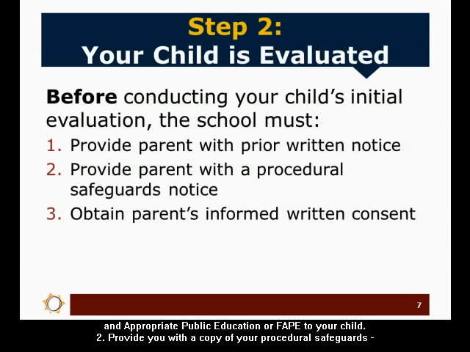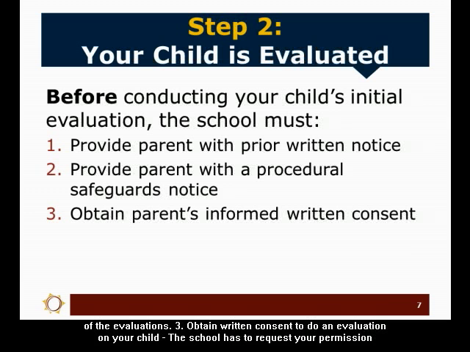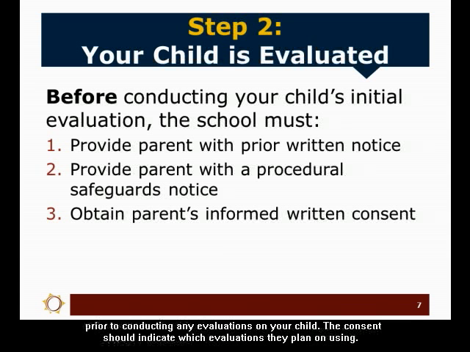Provide you with a copy of your procedural safeguards. This will inform you of your rights and your due process rights should you and the school disagree on the findings of the evaluations. 3. Obtain written consent to do an evaluation on your child. The school has to request your permission prior to conducting any evaluations on your child. The consent should indicate which evaluations they plan on using.